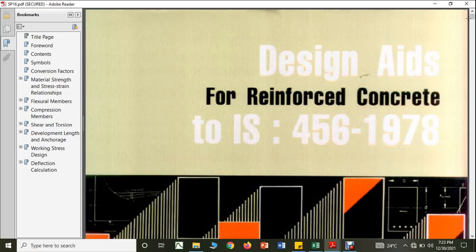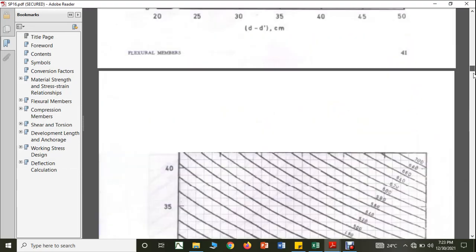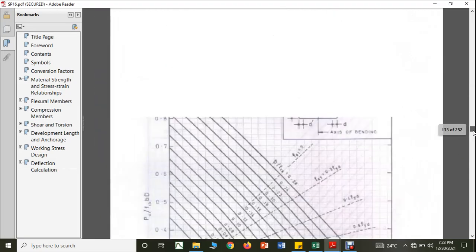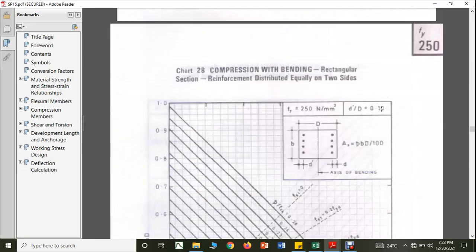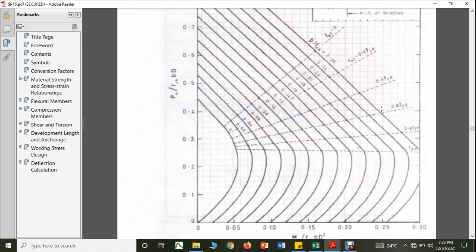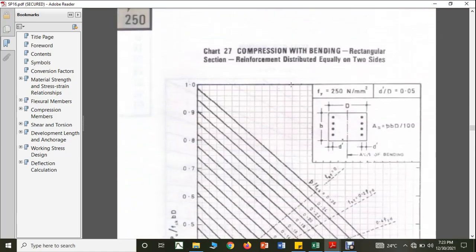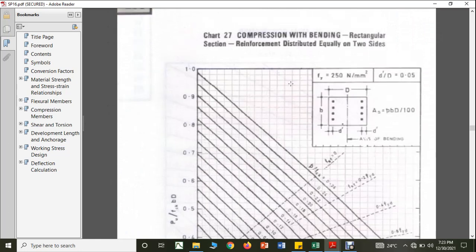Okay, so let us go to the chart of 36 something. Yes, you can see here. So from here, chart number 27, your charts represent the percentage of steel for the columns with uniaxial, that is axial load with one bending.